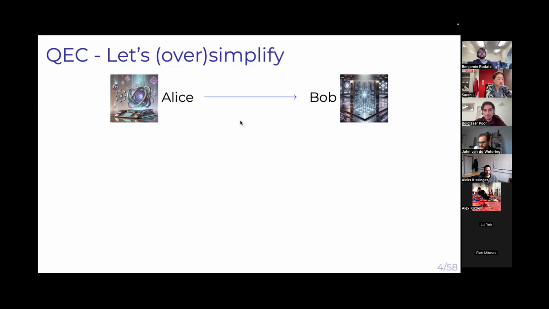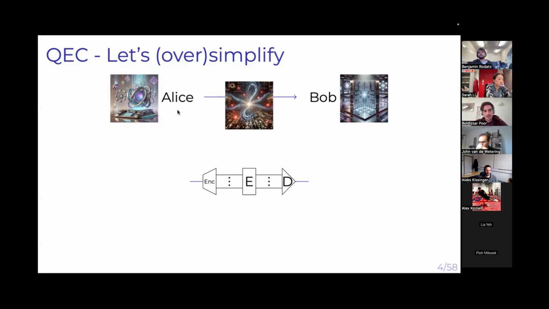But when Alice sends qubits to Bob, something might go wrong and some error happens, and Bob receives some information, but this is not the same thing that Alice has sent.